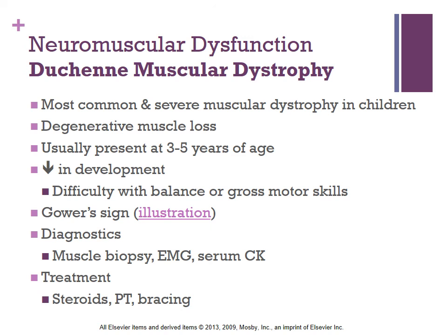They have found that corticosteroids actually help people with DMD to improve their strength and function and continue their ability to walk, because as time goes on they start to lose that ability to walk. PT and special braces on their legs and arms will help as well.